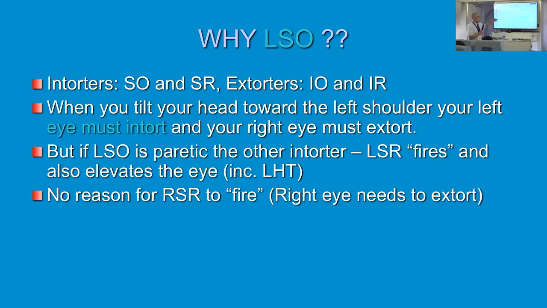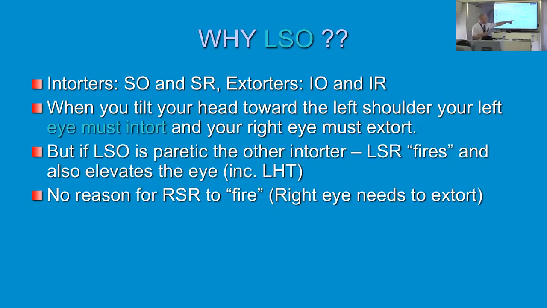So, because the left superior oblique is paretic, when she tilts her head to the left the left superior rectus muscle fires, and that also elevates the eye, and that makes the left hypertropia worse on head tilt to the left.